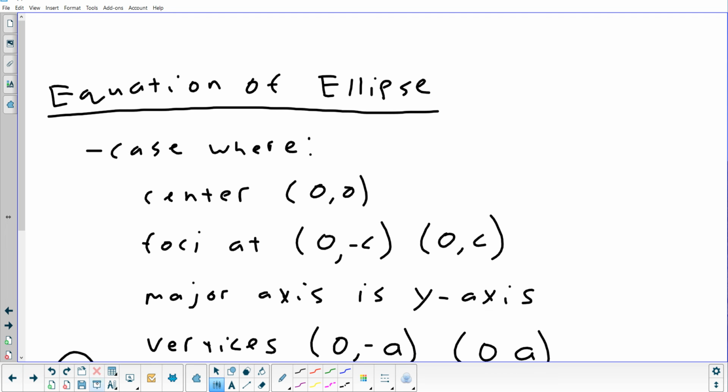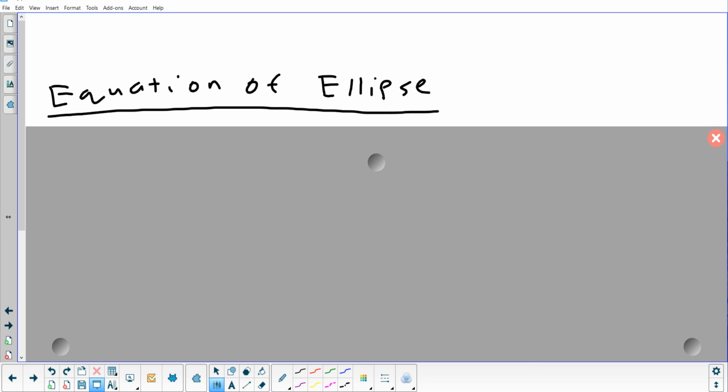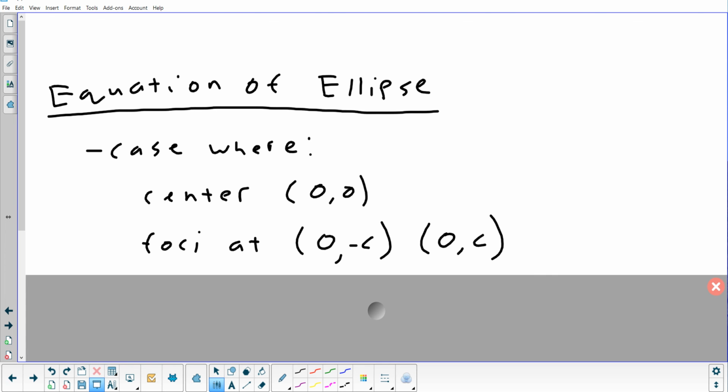Right, let's look at the other equation, which I kind of already showed you quickly. But now A and C are still going to be the same. A is going to be center to vertex. C is going to be center to focus. But now it's going to be above and below. It's not going to be left and right. Center will still be at the origin.